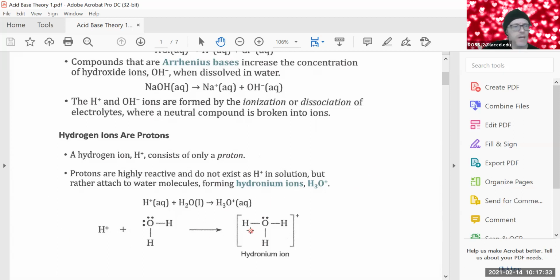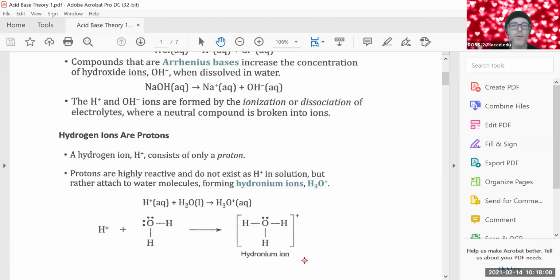But as we said earlier, a proton by itself, or hydrogen ion, is not stable. It will be ravaged by a water molecule to give a hydronium ion, which is the stable form of the proton. Some textbooks or some people will use protons. Some better people will use hydronium ions, and we are the latter.